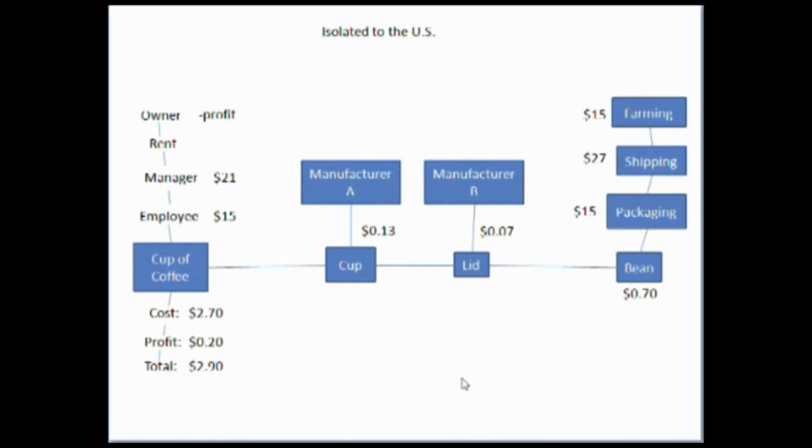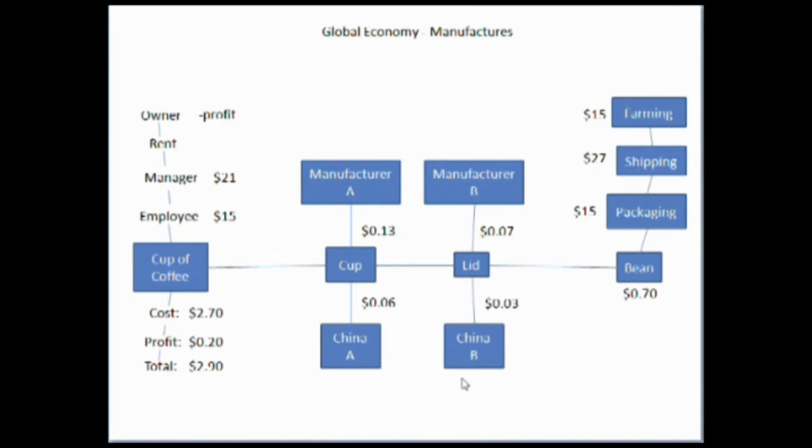But if there is, and we are in a global economy, the coffee shop owner realizes that he can buy the cup and the lid from China at a significantly lower price. And so he switches over to buying from them. This ends up lowering his cost, and so he now can get a profitable increase.